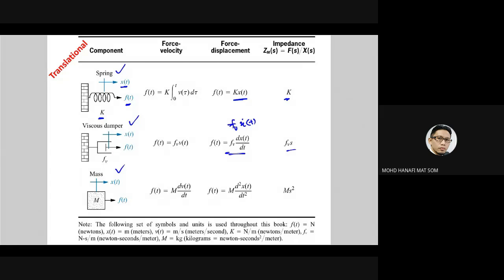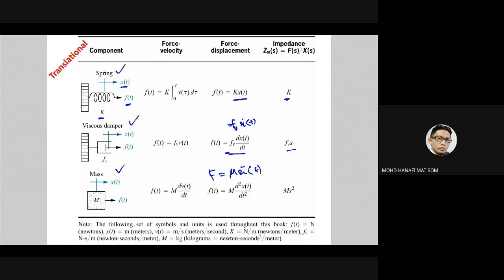For the mass, we have ma. Remember, F equals ma. So a in this case is the second differentiation of x(t), so we have x double dot (t).